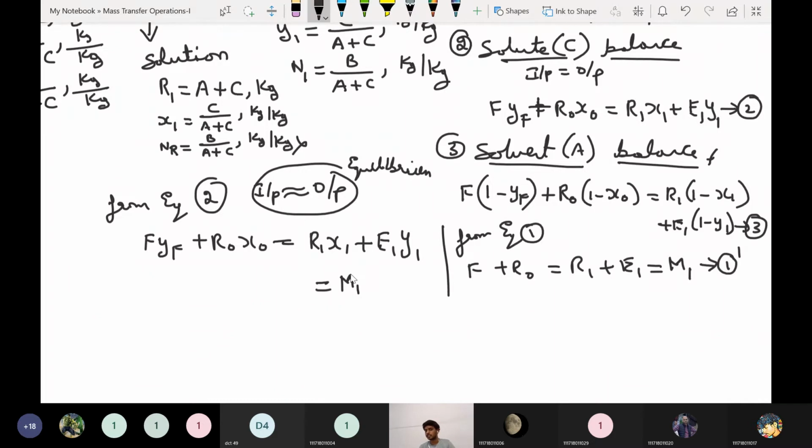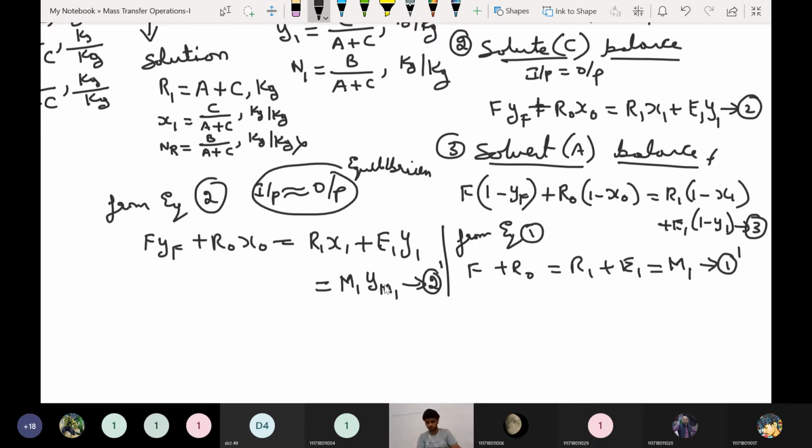In order to account for the C, it will be denoted with Ym1. So this will be the modification of equation 2, equation 2 prime we can say. Why? Because they will reach equilibrium. Reaching equilibrium is a must for any type of mass transfer operation.